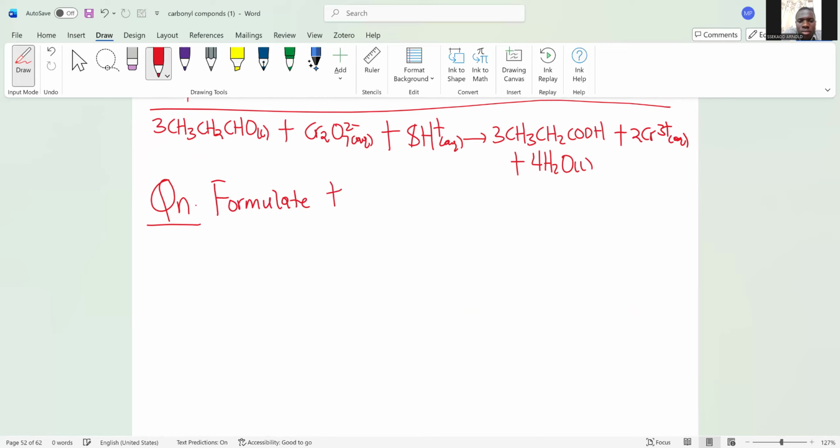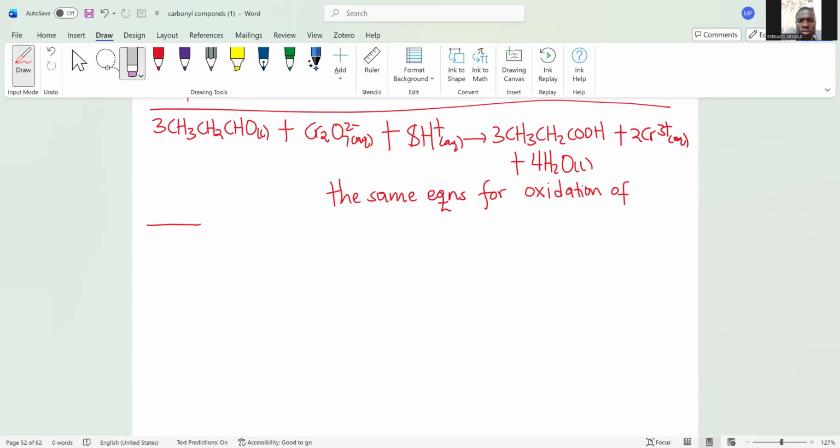Formulate the same equations for oxidation of, sorry, I wanted to say oxidation of a ketone.